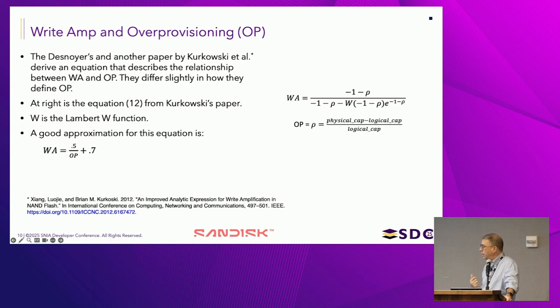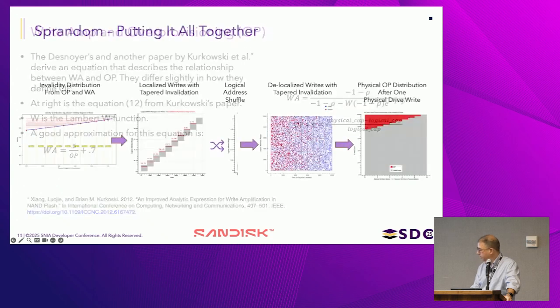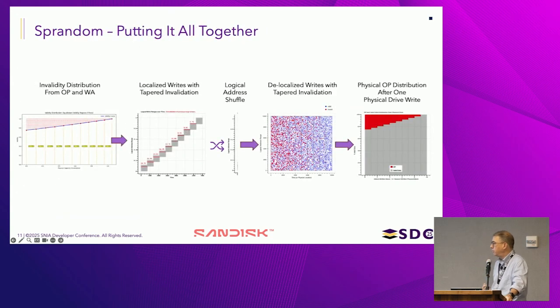So if we take the OP in a drive and we extract out the write amp, and then we use that to define this curve, we've outlined all of the steps that we need in order to achieve a fast random precondition.